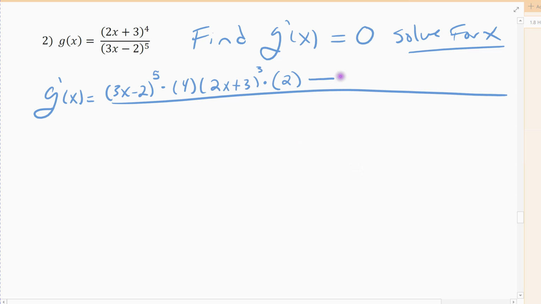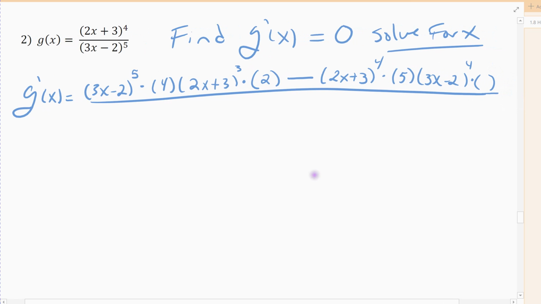Alright, so there's the low times the derivative of the high. Now it's minus the high times the derivative of the low, which again requires my chain rule. So first thing I do is pull out the power 5, take my 3x minus 2 raised to 1 degree less, which would be to the 4th, not done yet, times the derivative of the inside, which in this case would be a 3.